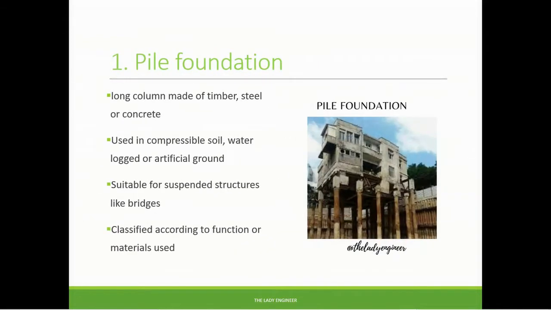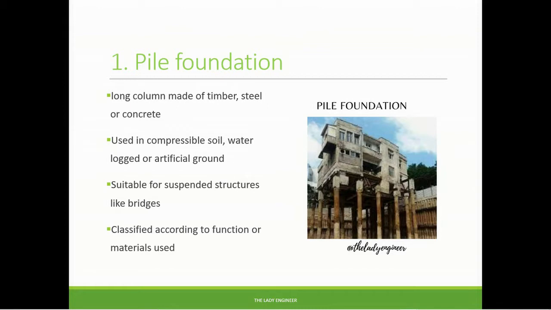Let's look at the pile foundation, which is one type of a deep foundation. It is as shown in the picture. This is usually a long column made of either timber or steel or concrete and used in compressible soils like clay, in waterlogged areas or artificial ground.